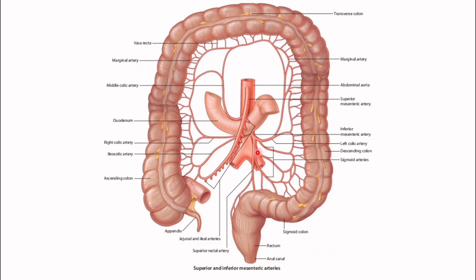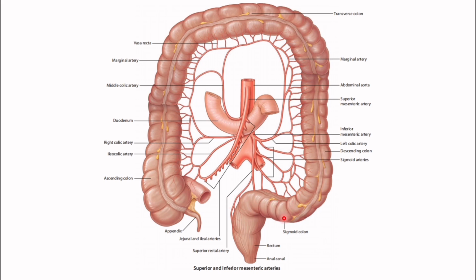Done. Then there's a very important clinical condition called volvulus. Due to the mobility of the sigmoid colon, it can sometimes wrap around its arteries and damage the artery, and this will lead to impaired blood flow to the sigmoid colon.